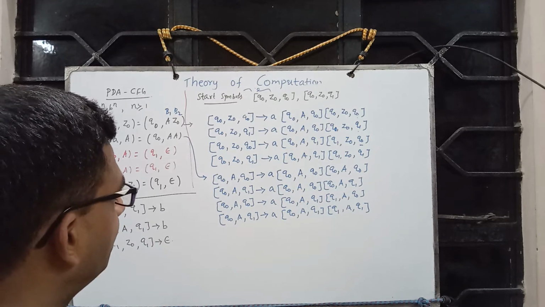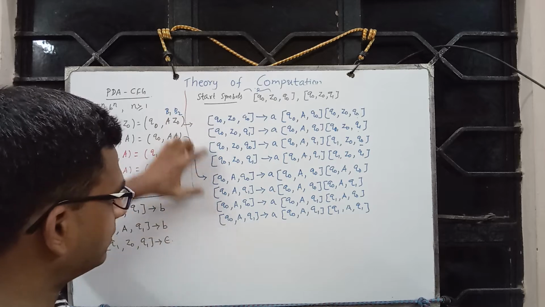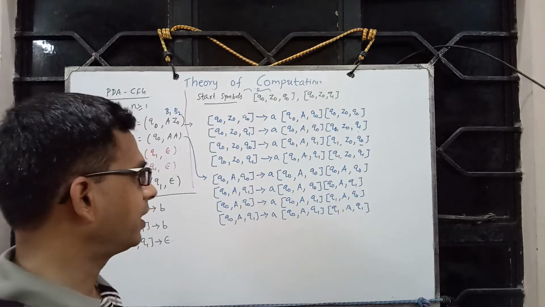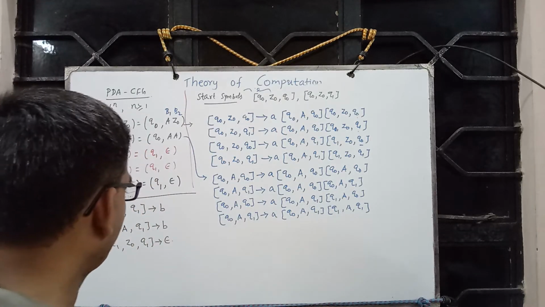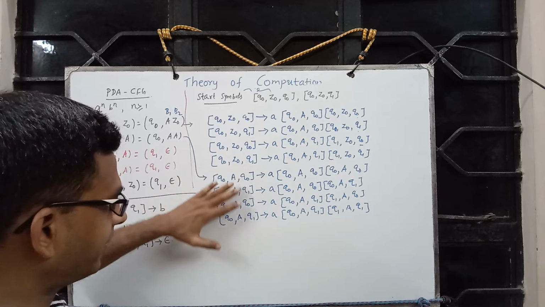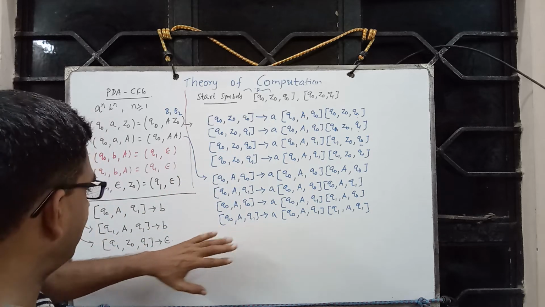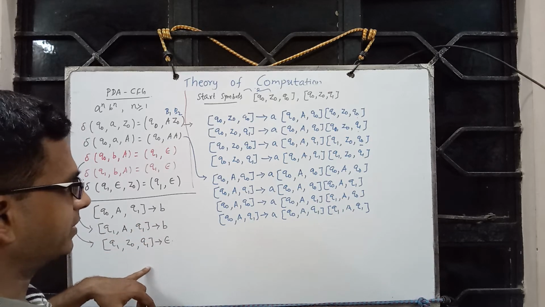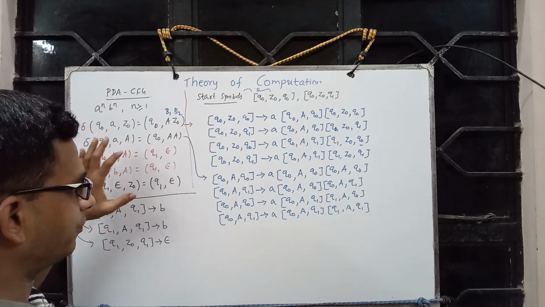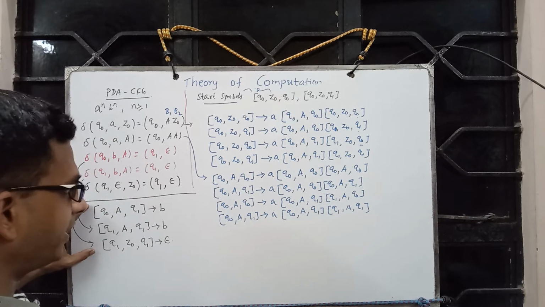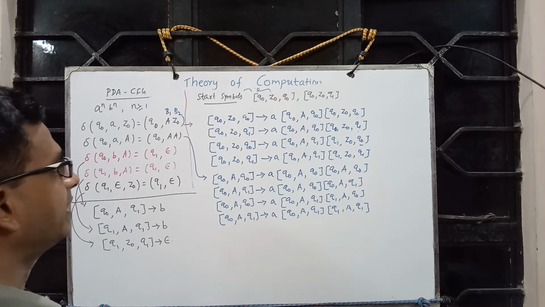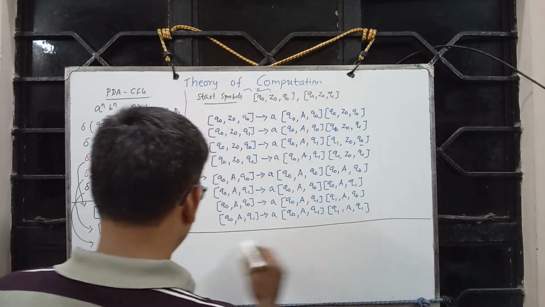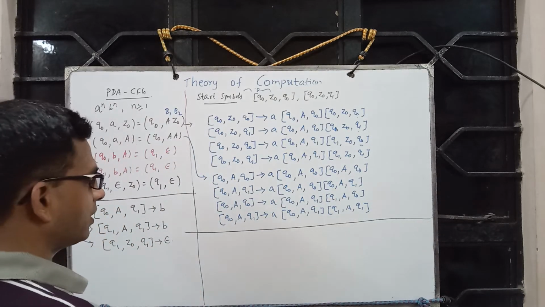In fact, we may not use all of these. Some of these productions may not be useful as part of our derivation, because somewhere down the line we will have to terminate, which means we will have to generate a string of A's and B's, A squared B squared, A power 4 B power 4 and so on, for which this will eventually help us. Fine.